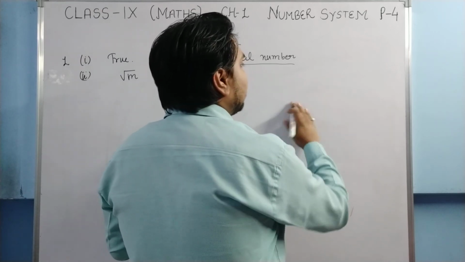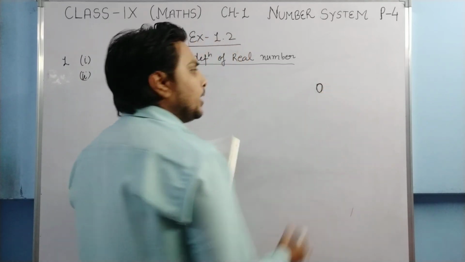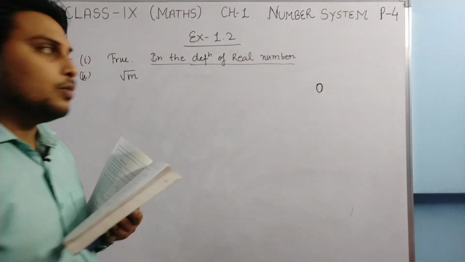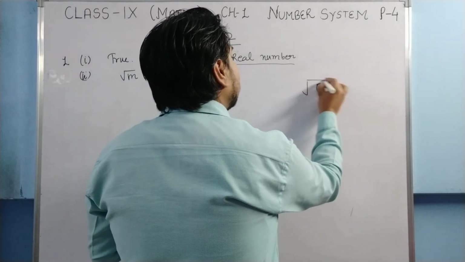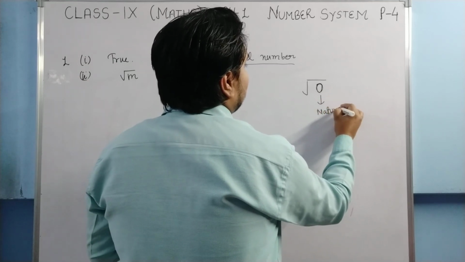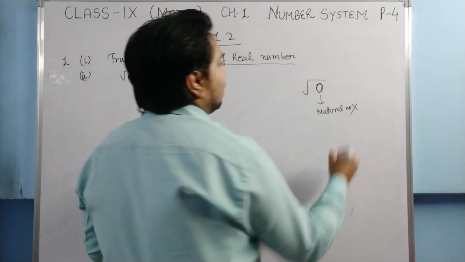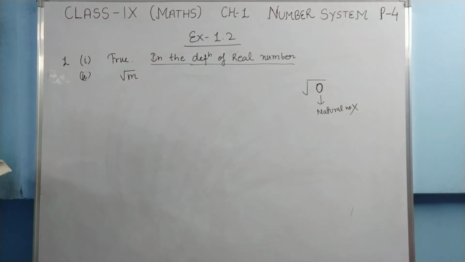You can take the example of 0 also, that 0 is on the number line, but it is not a natural number. Is 0 a natural number? No. And there are some rational numbers or irrational numbers also.